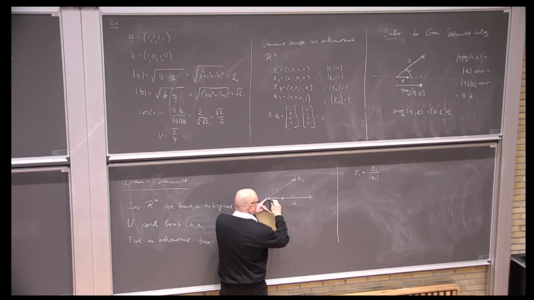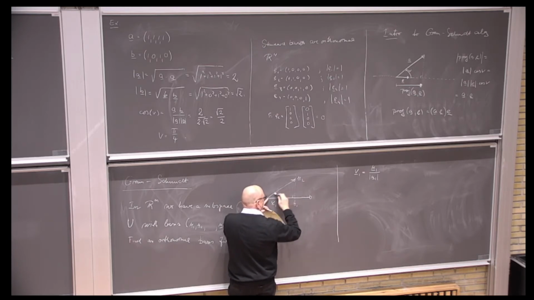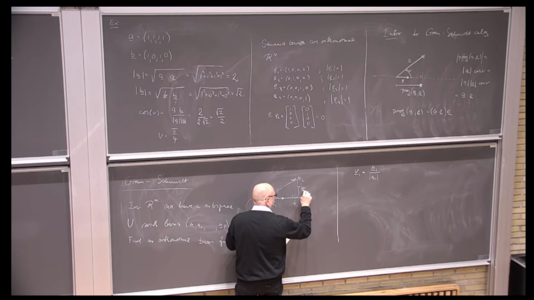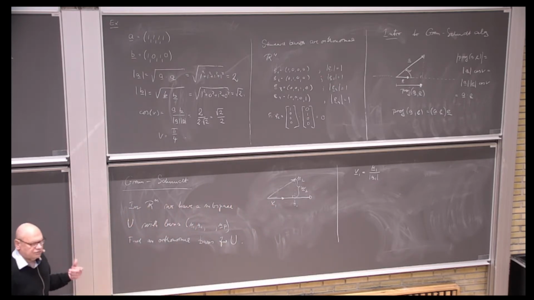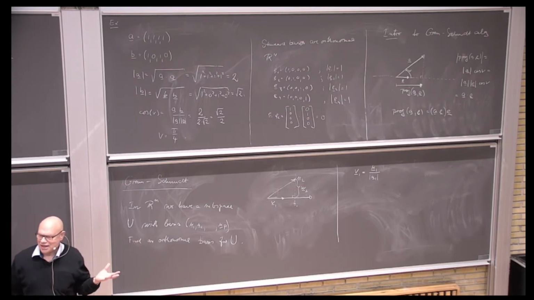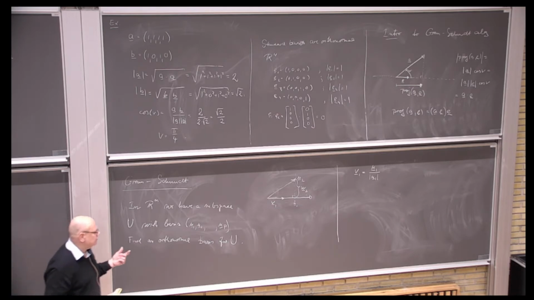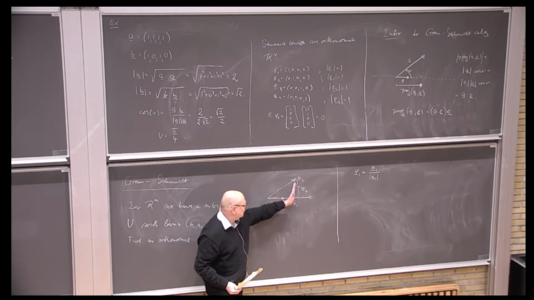So if you look at this triangle here with this right angle, then this vector here, I call it W2, and the reason is that it doesn't have unit length, so I have to divide by the length later on in order to get a unit vector in that direction.